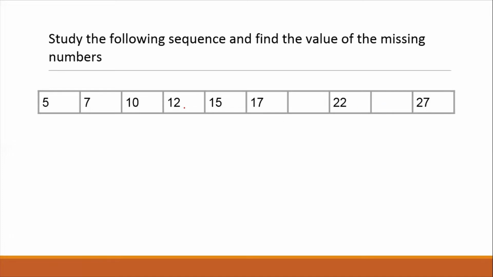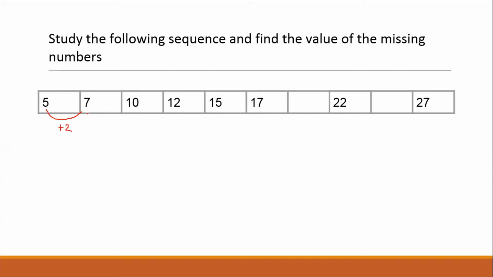Now, let's try to identify and study our first pattern here, from 5 to 7. What do you think happened to 5 to make it 7? As we can see, it increased. And how many increase do we have? It increases by 2. So from 5 to 7, we add 2. So we have here plus 2.